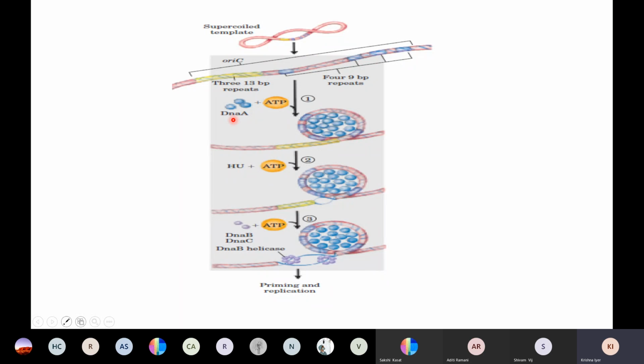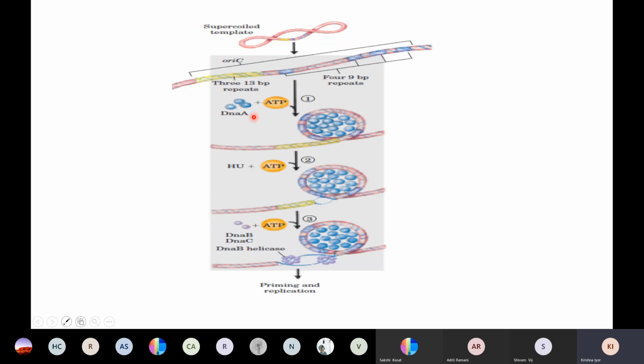Now DnaA comes in along with ATP, and remember this region could also be supercoiled, because normally DNA is nicely packaged around the histones so that it can be stored in a small place. So that background supercoiling is always there.